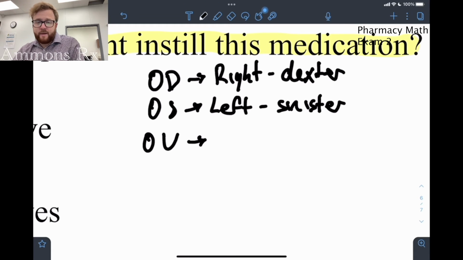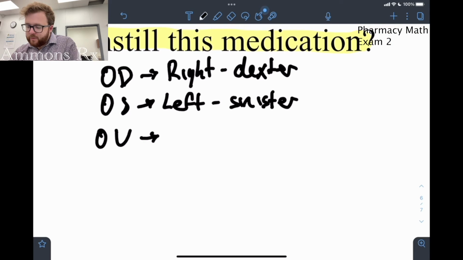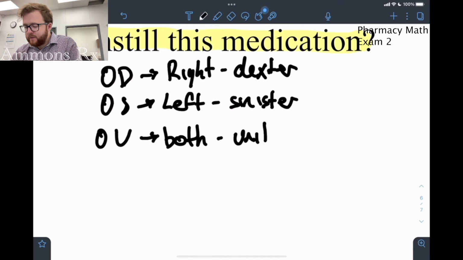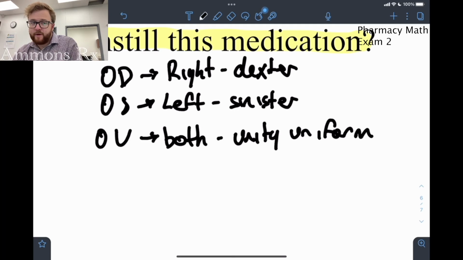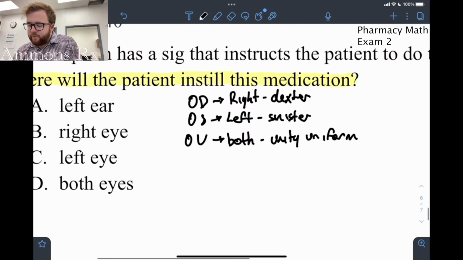Those words are from Latin. Don't ask me where they came from, but they're from Latin. So basically, your right is your dexter hand, and your left is your sinister hand. And then the OU, I said, was both. And you can think of unity or uniform or unify. You can think of a lot of things for both.